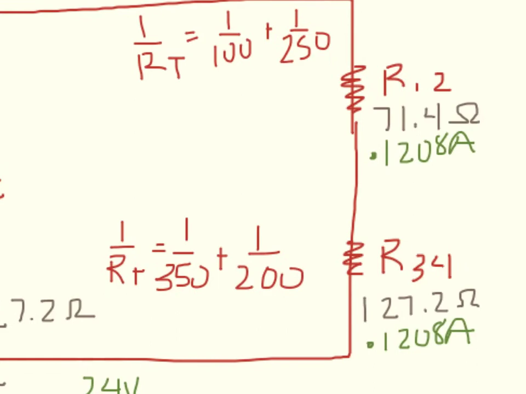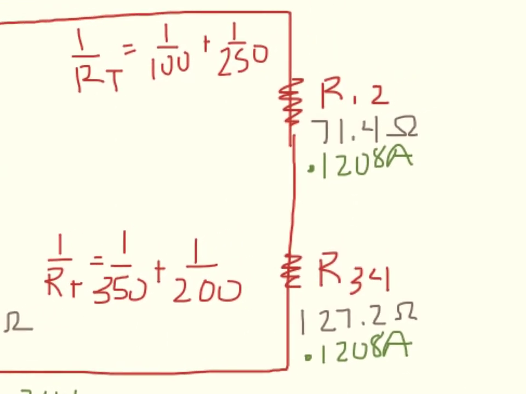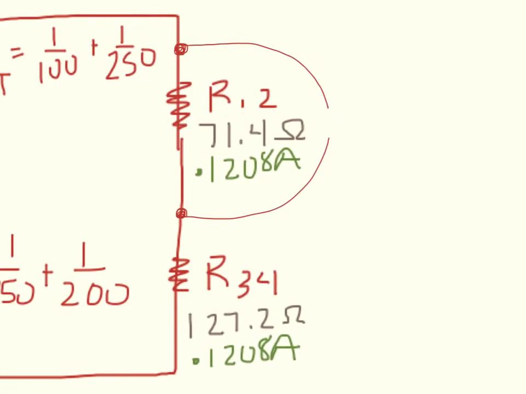This information is going to be very helpful, but let's zoom in on each of those resistors so we can take a better look at them. If I know what the resistance is and I know what the current is, I could figure out the voltage drop. So I could say that from this point here until this point here, we are going to have a voltage drop. That voltage drop is going to equal the current times the total resistance.